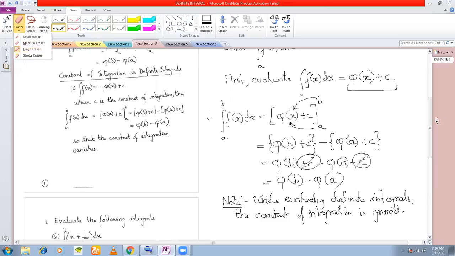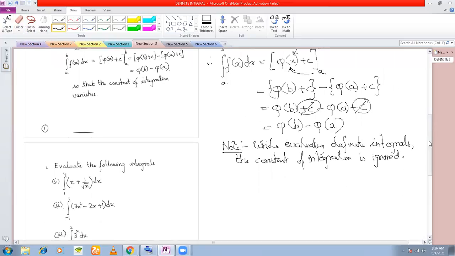Now, there's something else I would like to discuss here. Another note: when phi(x) is evaluated between two limits and you interchange the limits, writing b to a instead of a to b, then you put a negative sign.